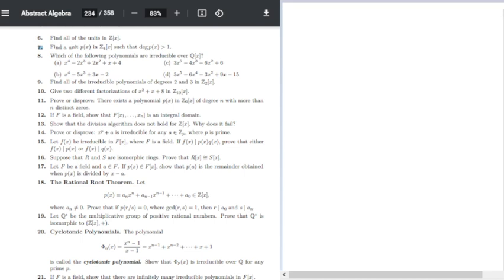Okay. Is there a polynomial of degree n with more than n zeros? Actually, this sounds fun. So Z sub 6.